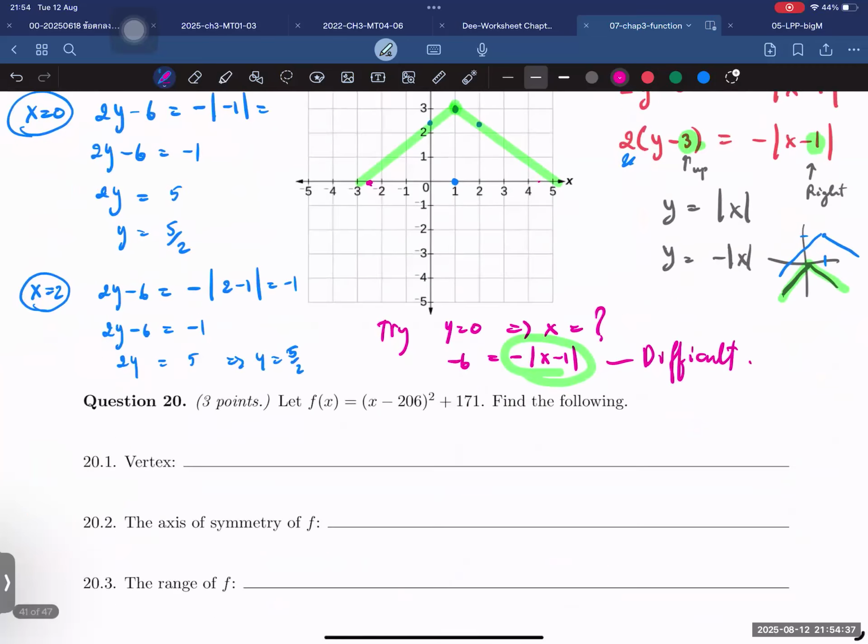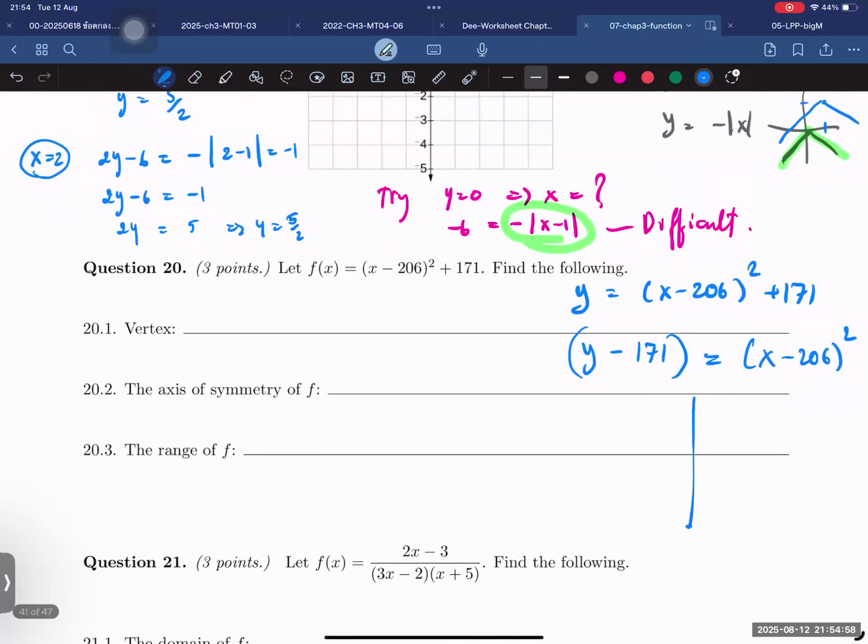Okay. All right. Next, maybe it's easier if you write this way. So that is y minus 171 equal to x minus 206 squared. And because of parabola, the original graph y equal to x squared is like this, right?